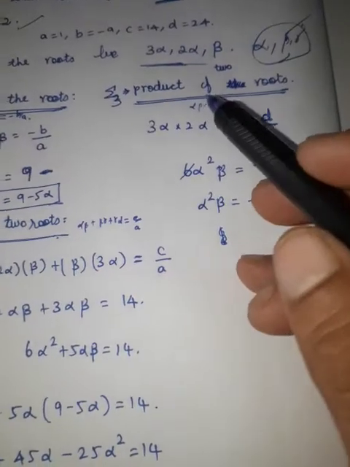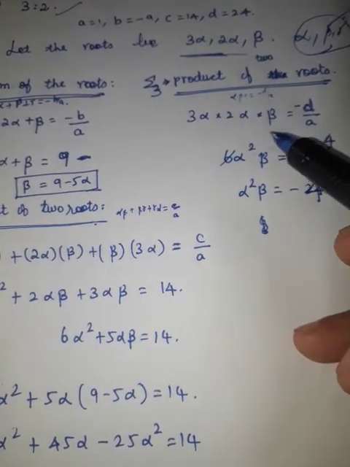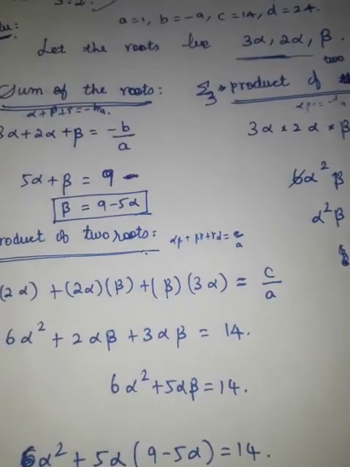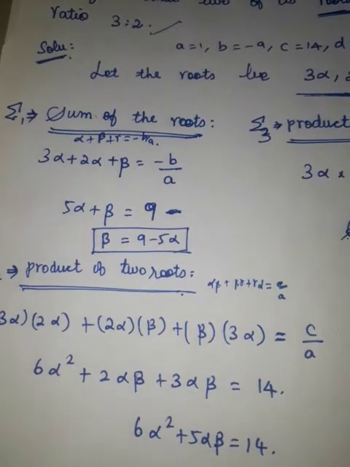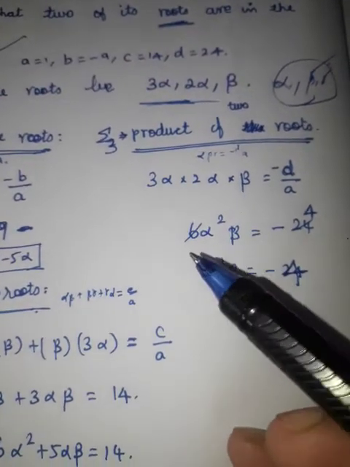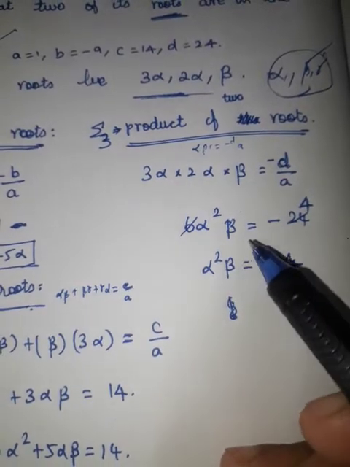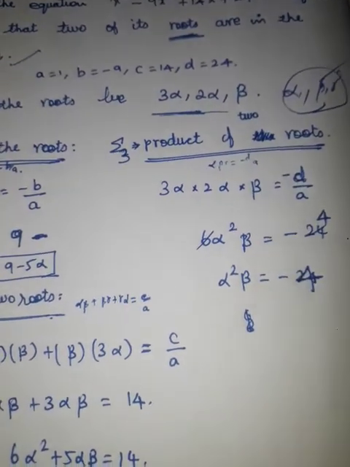Then the product of three roots: 3 alpha into 2 alpha into beta equal to minus d by a. So 6 alpha square beta equal to minus d value, 24.